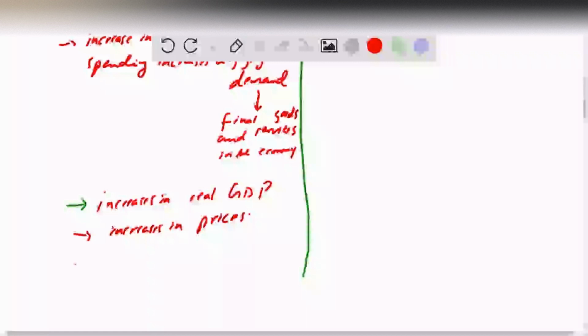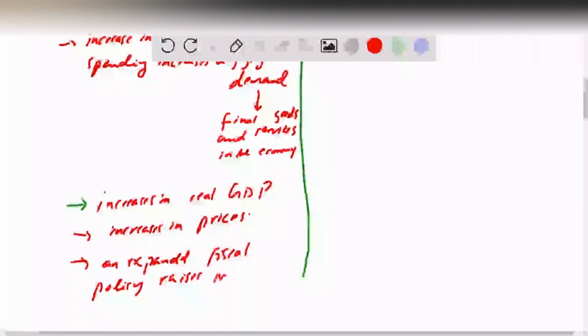The problem, though, is that an expanded fiscal policy raises interest rates.